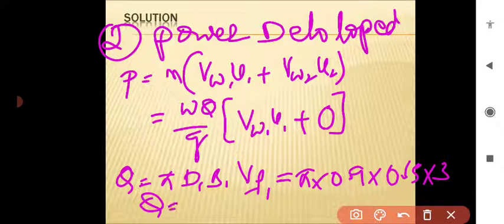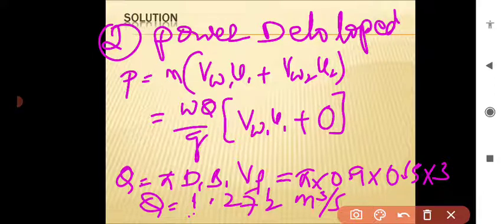So Q is equal to 1.272 meter cube per second.